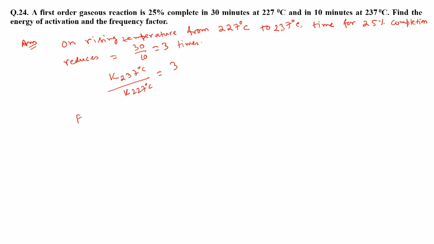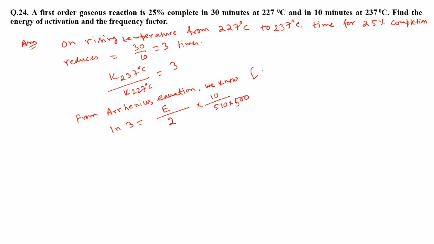From the Arrhenius equation, we know ln 3 is E by R times (1/500 minus 1/510).